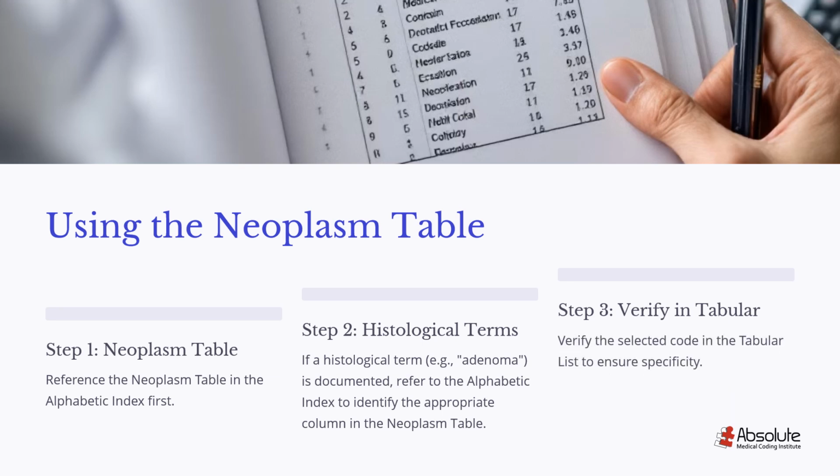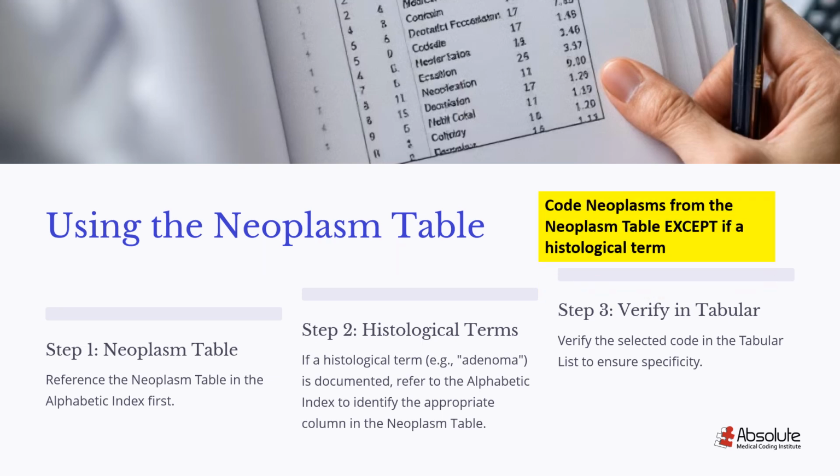So after you've looked your code up in the neoplasm table, verify it in the tabular list. And remember, you code neoplasms from the neoplasm table, except if it's a histological term, and we will discuss histological terms very shortly, but I want to demonstrate how to look up a code in the alphabetic index neoplasm table.